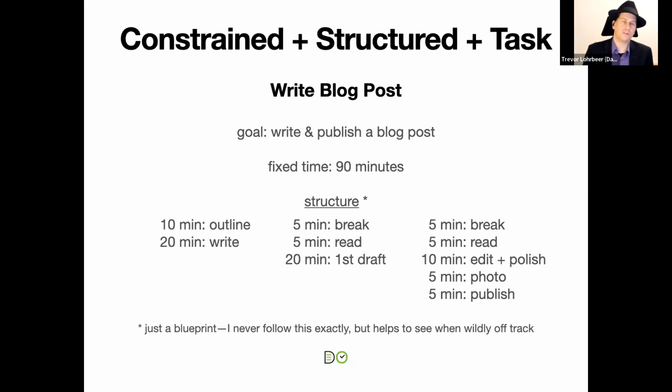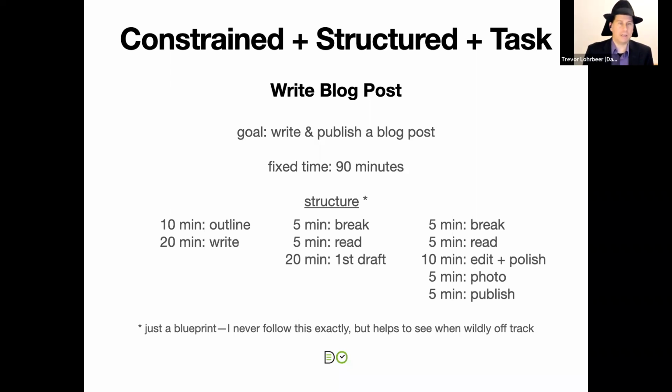Now, just a note, this is a blueprint. I don't always follow this exactly, but this is the general structure I'll use when I'm writing a blog post. This lets me make sure that I'm continuing to make progress, and it also gives me a roadmap to see if I'm on track. If I'm trying to write in 90 minutes and I'm already 45 minutes in and I haven't taken my break or anything like that, and I'm nowhere near my first draft, well, that's a signal, right?